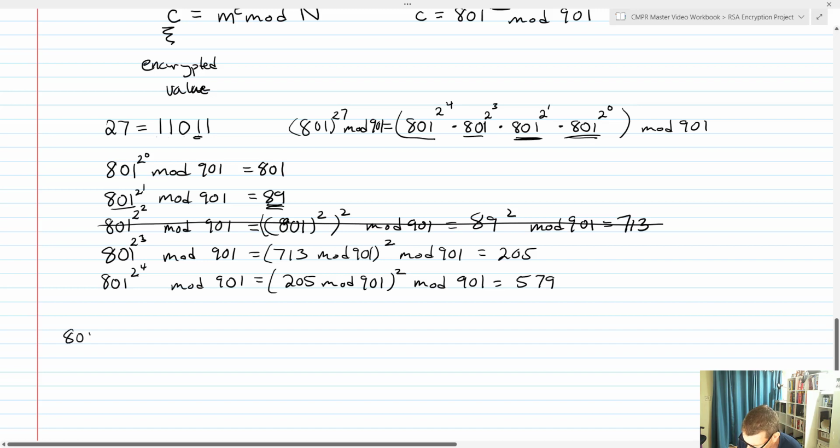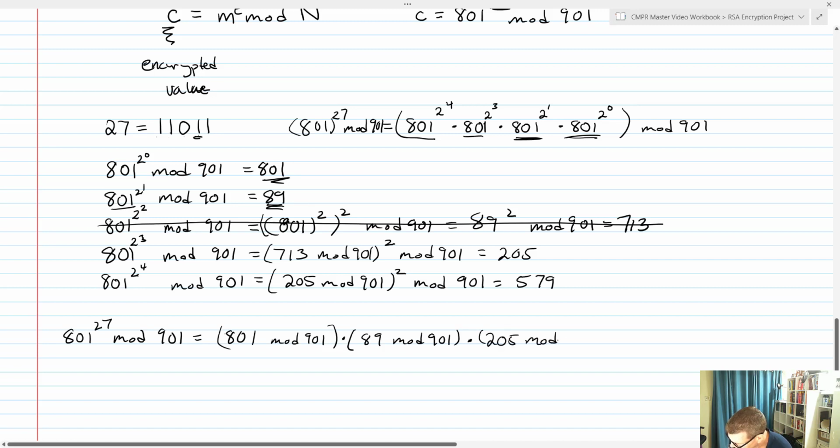So 801 to the 27th mod 901 is then going to equal 801 mod 901 times 89 mod 901 times 205 mod 901 times 579 mod 901, all of this mod 901, which ends up equaling then 59.